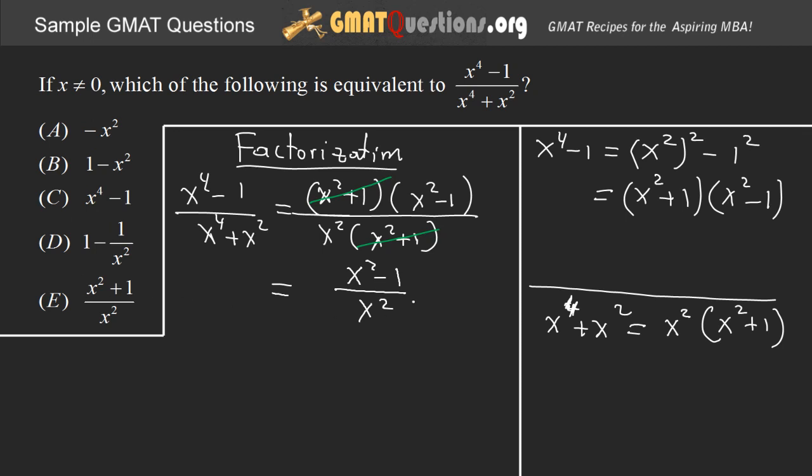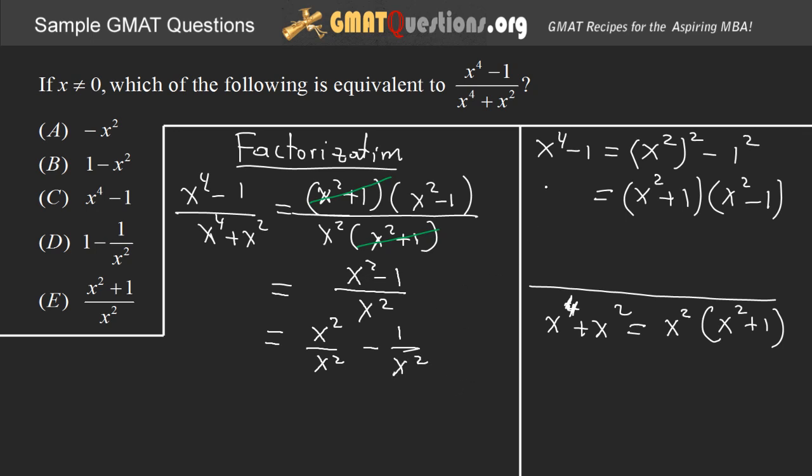Probably there is another transformation taking place. If you look at it more carefully, we can separate these two. Mathematically, this is the same as x squared over x squared minus 1 over x squared. I separate this fraction.